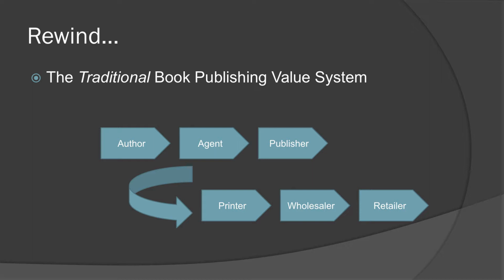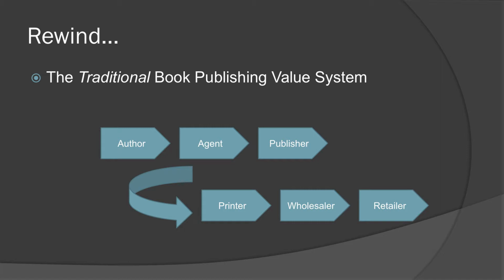Okay, so let's go back. This is a picture of the traditional book publishing value system that has been around for a very, very long time. You have the author, the agent, the publisher, the printer, the wholesaler, the retailer.